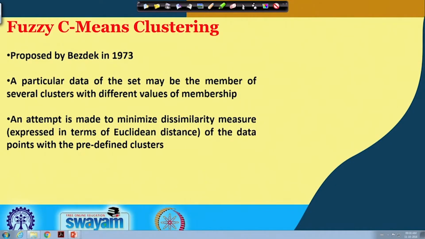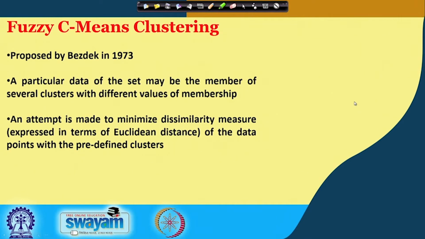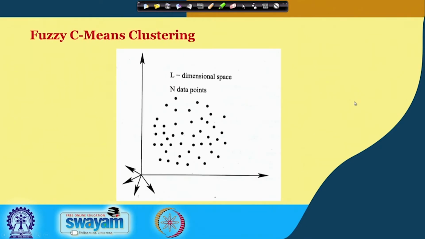This principle has been used mathematically to design and develop the fuzzy C-means algorithm. I am going to discuss its principle in detail, and after that I will solve one numerical example to make it more clear.